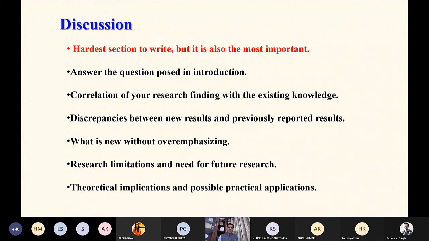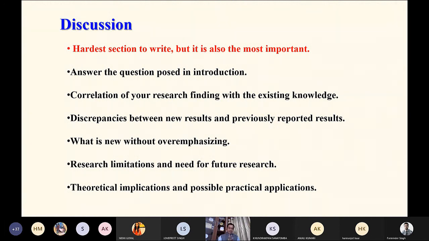When we are about to complete the discussion part, we have to indicate the limitations and the future research direction. Another most important part: you must have seen comments from different journals that the theoretical implication part is weak, or the practical or managerial implication part is weak, and you have to elaborate more.